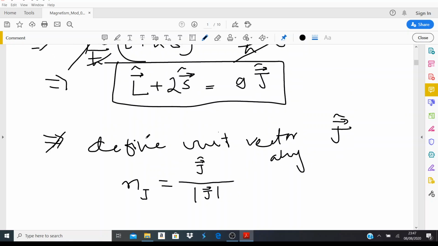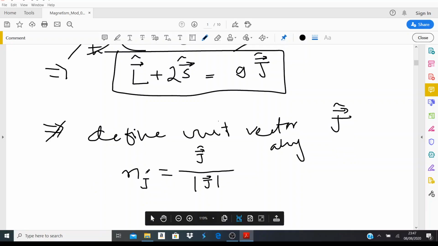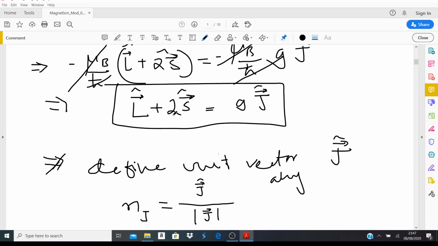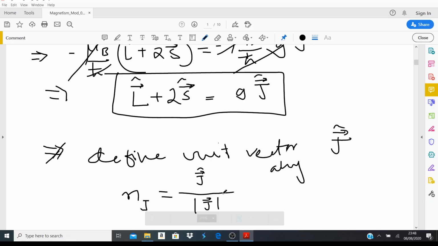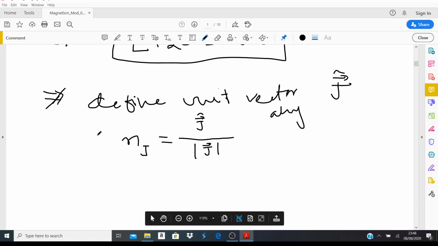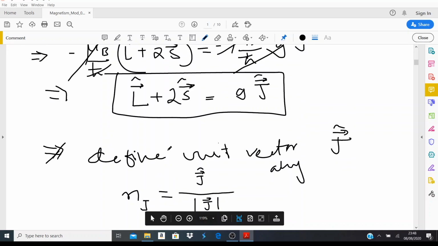Our plan is to take a projection on this unit vector, on the direction of J. If somebody tells you to take a projection of this expression along the vector J, all you need to do is make a dot product of this expression with the unit vector. That's what the projection is all about.